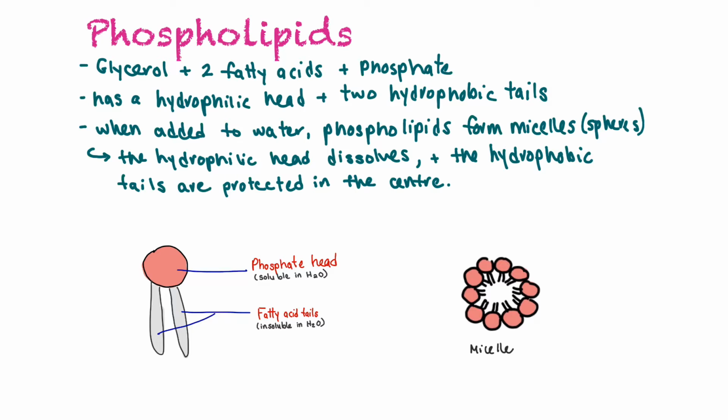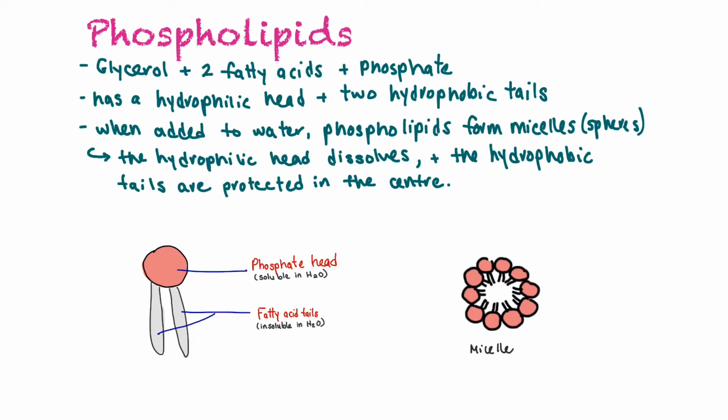And phospholipids have a hydrophilic head, so this is this part, that's the phosphate group. So phosphate is very hydrophilic, so it's soluble in water. And then it has two fatty acid tails. And those fatty acid tails are insoluble in water, so they're hydrophobic. So this molecule is very confused because part of it wants to interact with water and part of it wants to avoid water.